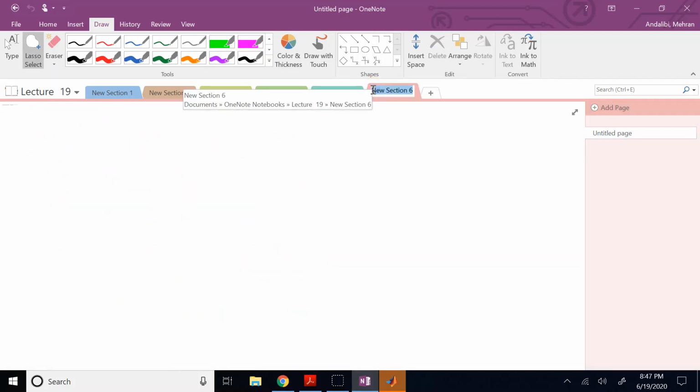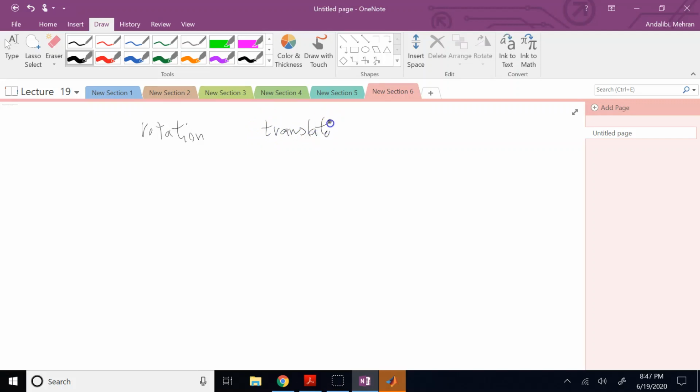The other thing, a table that I would like to create for you, is for a rotary system versus a translation. If your system shows rotation versus translation, how you define different things.